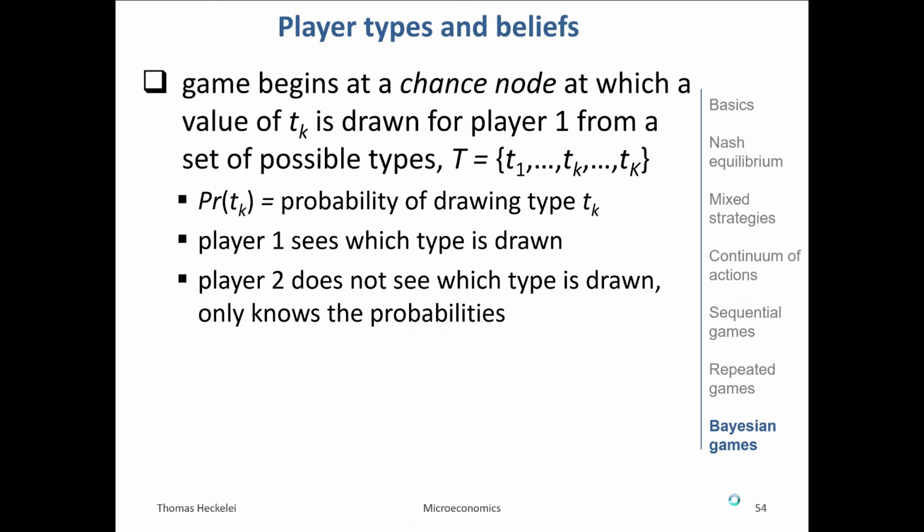And what he knows is the probabilities, here denoted Pr(Tk), meaning the probability of the realization of type Tk, a certain type. So at least he knows that there's such a set, which elements are in that set, and which probabilities attach to each element. That was player two.